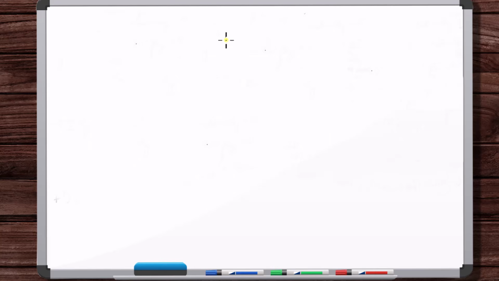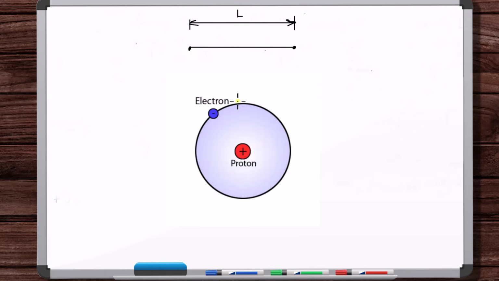Okay, now, if we think about the standing wave, here's this string. Let's say the length is L. Well, we can think about wrapping this string around the circumference of this circular orbit. But if we do that, then if the wave starts at, let's say, this point, we've wrapped the string, it travels all the way around and comes back to the start.